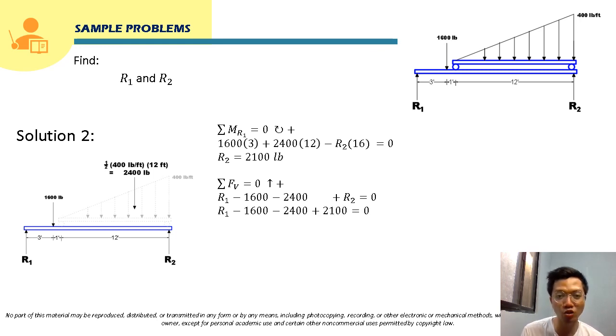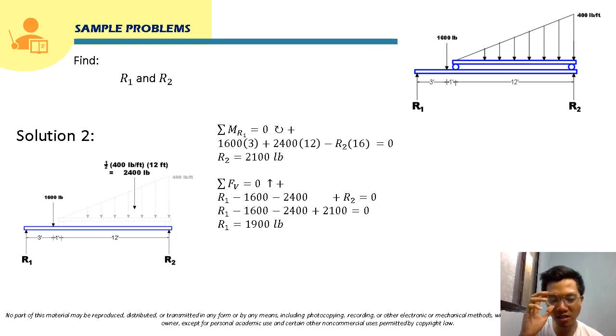In this case, we're going to use summation of forces vertical. So that will just be R1 minus 1,600, no, this is wrong. This is minus 2,400 plus R2 is equal to 0.